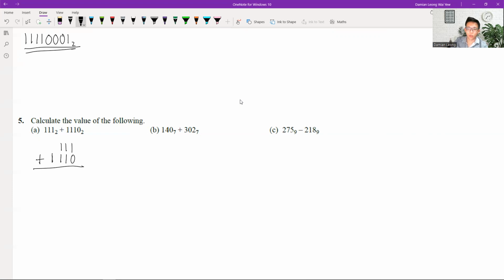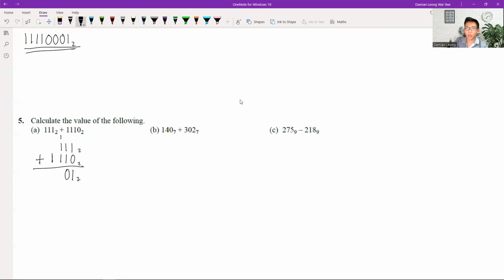So 1 plus 0 is 1. 1 plus 1 is 2. Just like when you count up in your numbers, once you reach the base number, carry over to the next position. So 1 plus 1 is 2, so 0 here, I carry over 1 here.